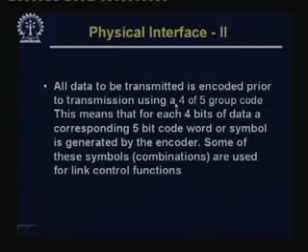So, for 4 bits of data we actually have 5 bits going over there. The additional capacity is used in some other way for control purposes that we will see later. This means that for each 4 bits of data, a corresponding 5 bit code word or symbol is generated by the encoder. Some of these symbols or combinations are used for link control functions.